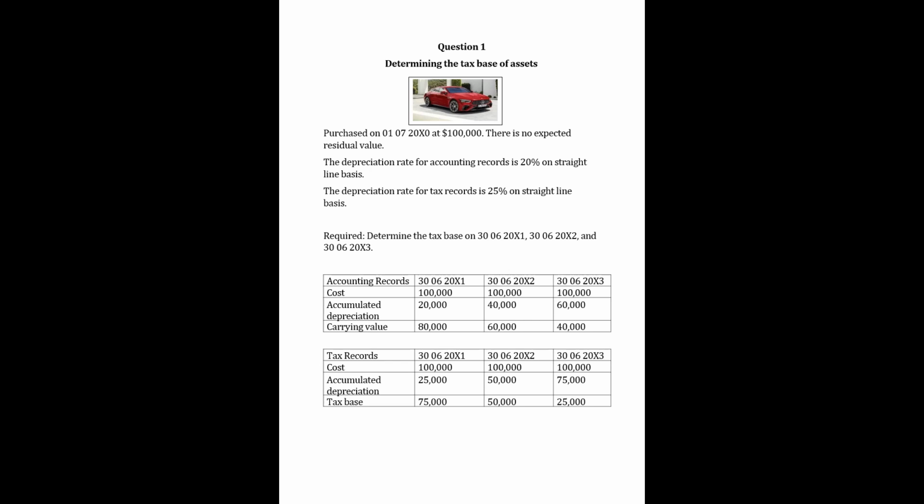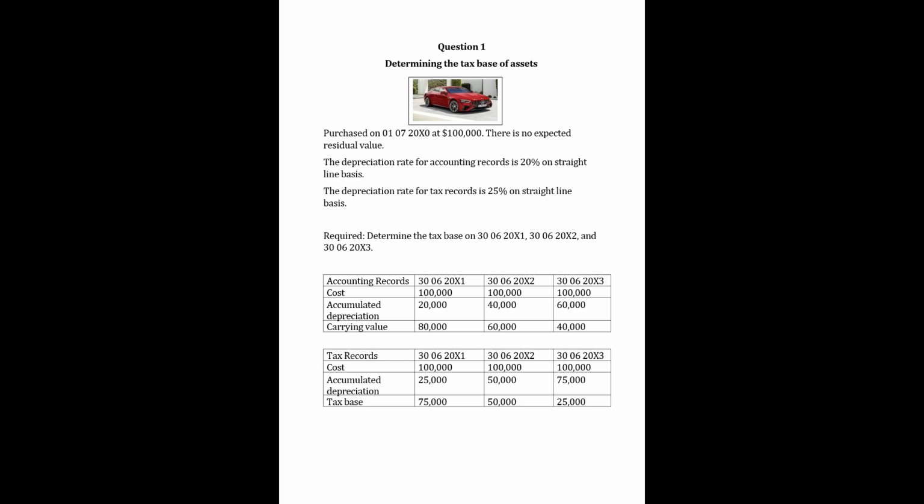So the tax base, which is equivalent to carrying value of accounting records, on the first year is 100,000 less 25,000, and that's 75,000, and in X2 it is 50,000, and in X3 it is 25,000.